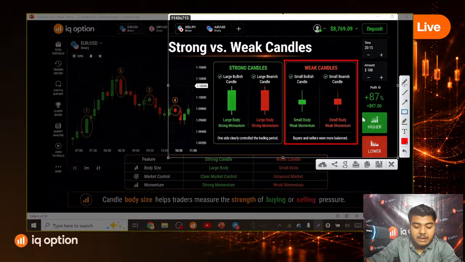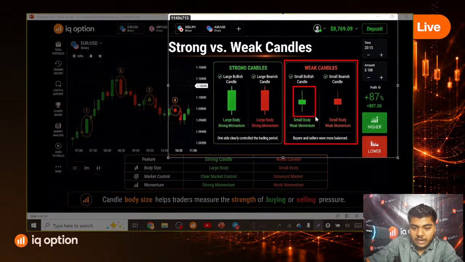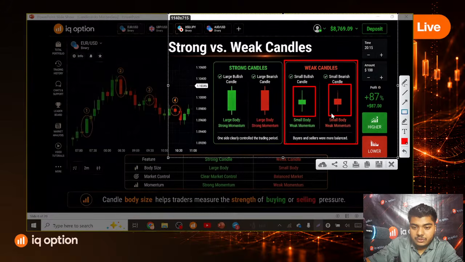This tells us that buyers and sellers were balanced and in indecision, and neither side gained a clear advantage. That's why they can't move the price strongly higher or lower. These candles look like spinning tops like this. This type of candle is called a spinning top. I will show you more about it in the next slides. This tells us that the buyers and sellers are equal here, sometimes balanced.